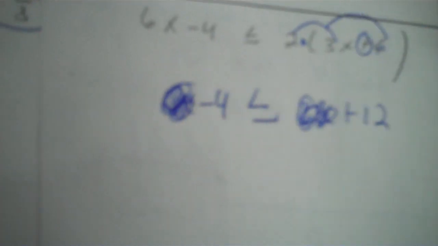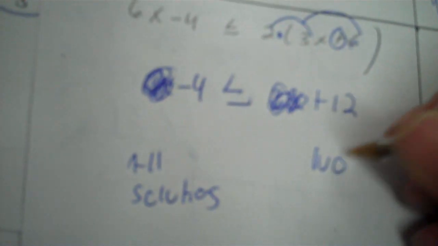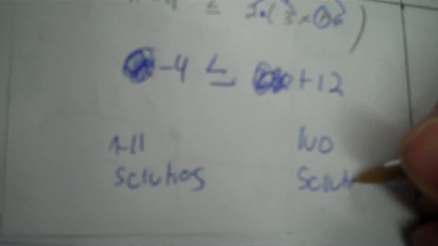So it'd be 6x plus 12, and over here we have 6x minus 4. And we have like terms. Like terms is always keep the sign, but it's not really going to matter on this one, given that they're the same on opposite sides. Okay, so it's all solutions or no solutions. Okay, negative 4, positive 12. Well, positive 12 is obviously bigger, eats a bigger number, you bet. That's all solutions.